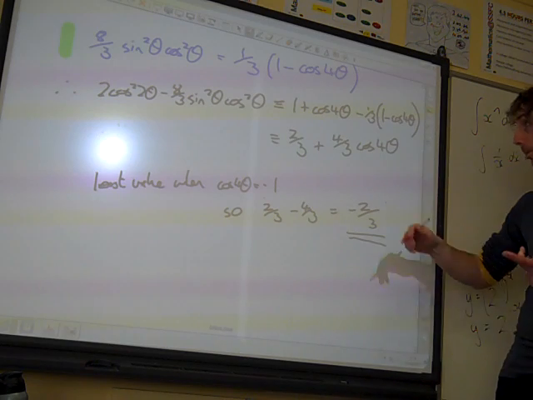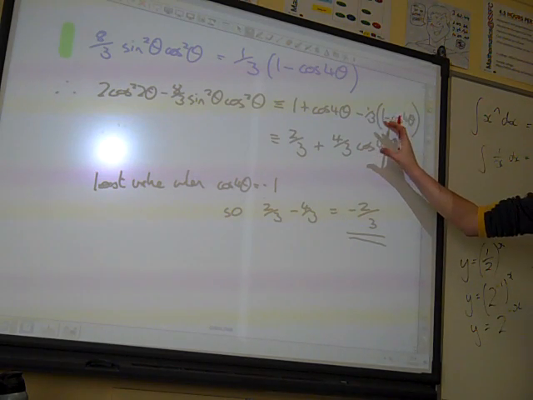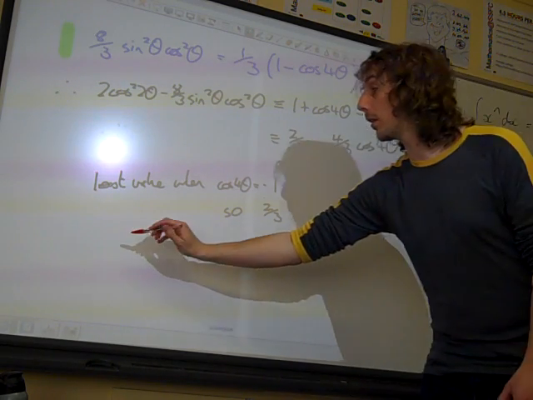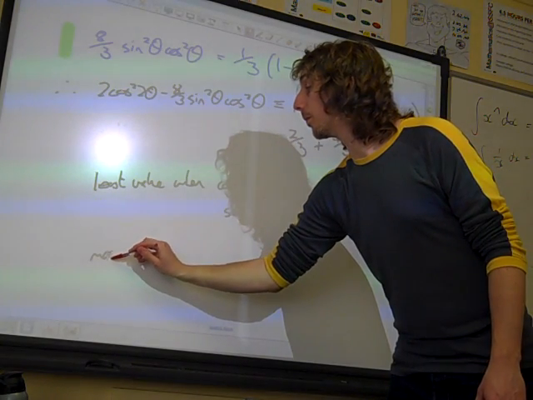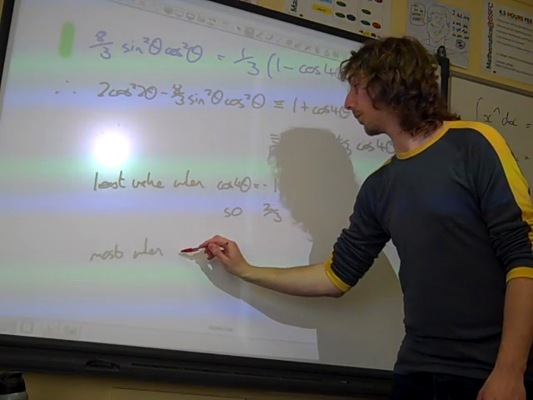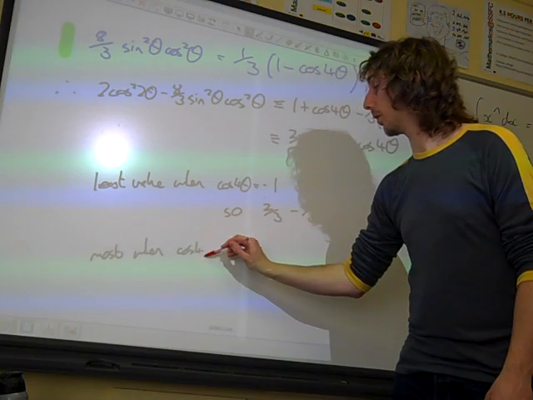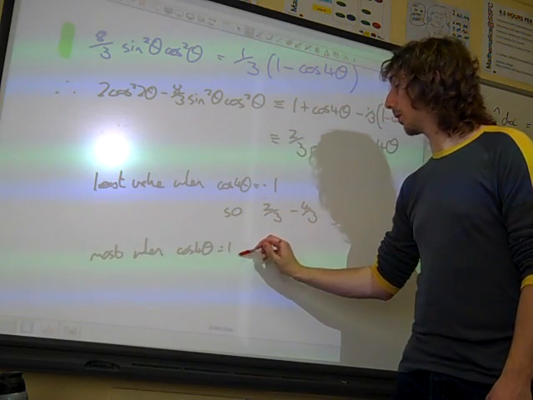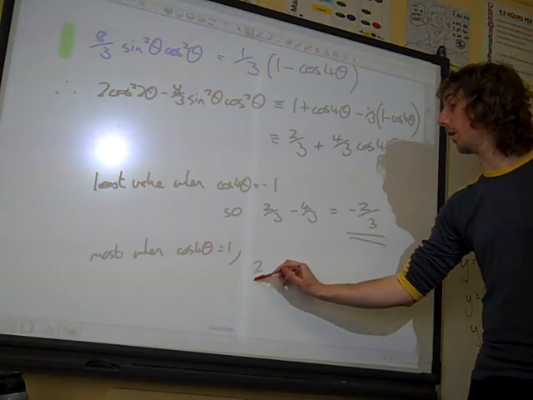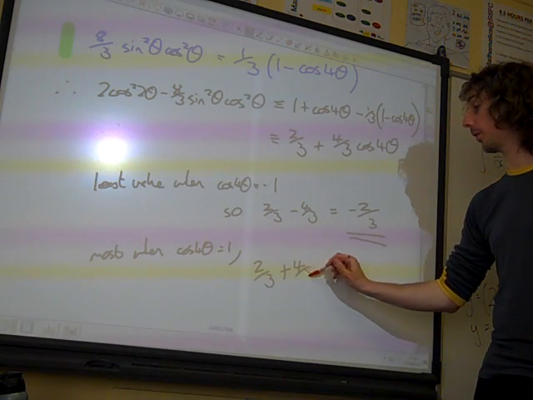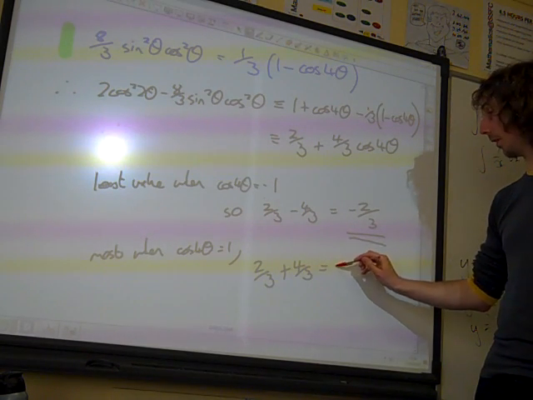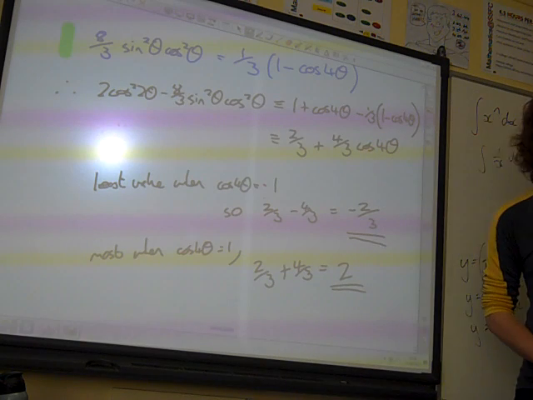And the greatest value must be when cos 4 theta takes its greatest value, which is plus 1. And that would be 2/3 plus 4/3, which is 6/3, so 2.